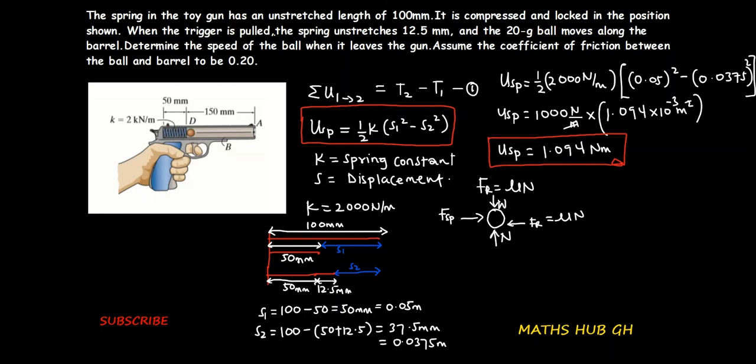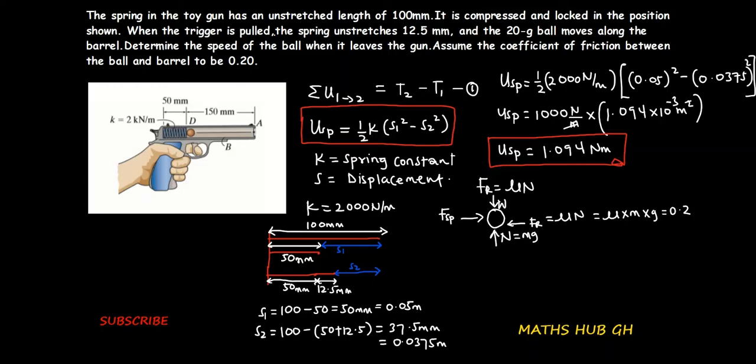Since the normal force will be balancing the weight, the normal force N will be equal to mass times acceleration due to gravity. Therefore, the frictional force will be equal to the coefficient of friction times the mass of the ball times acceleration due to gravity. So you're going to have 0.2 times the mass. The mass was given in grams, so you multiply it by 10 to the power minus 3 so that you get it in kilograms.